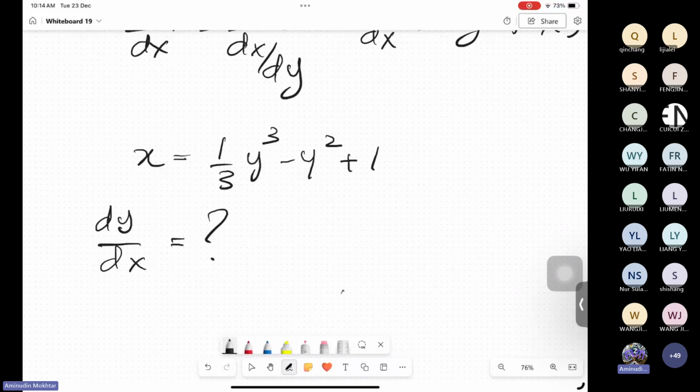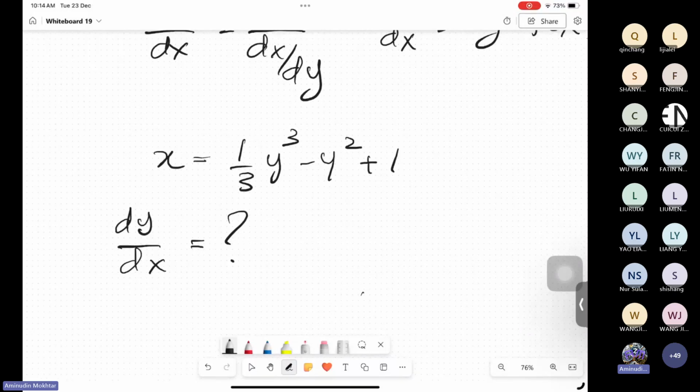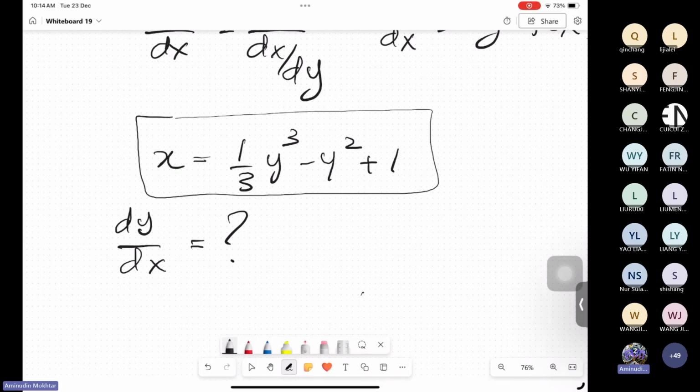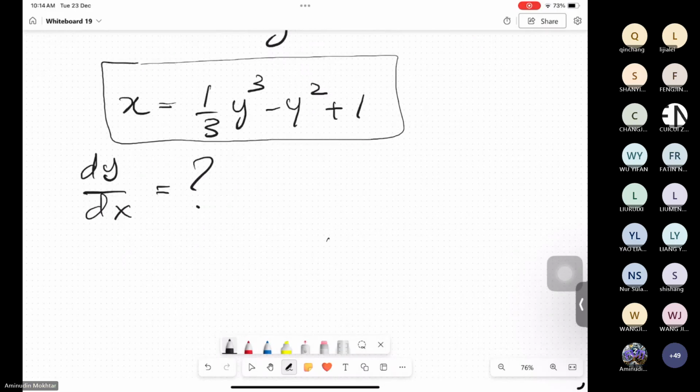Based on this function, x in terms of y, we can find dx/dy, the change in x divided by the change in y.